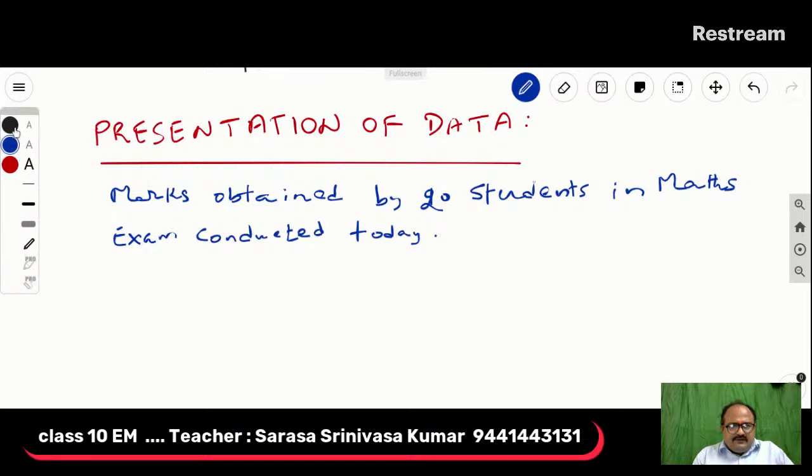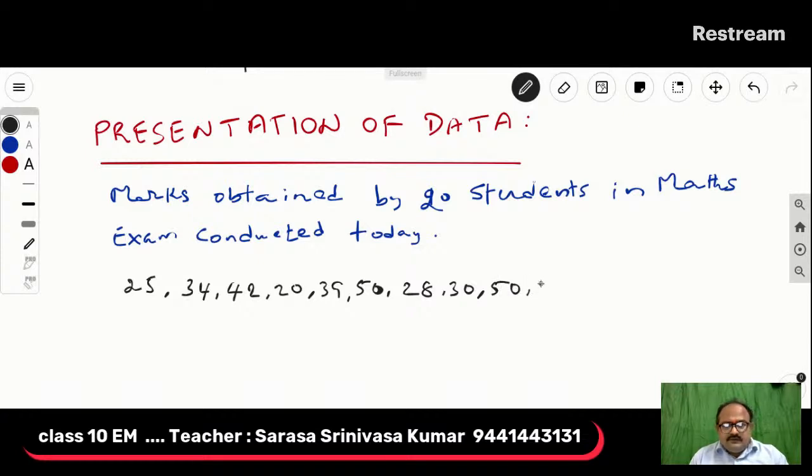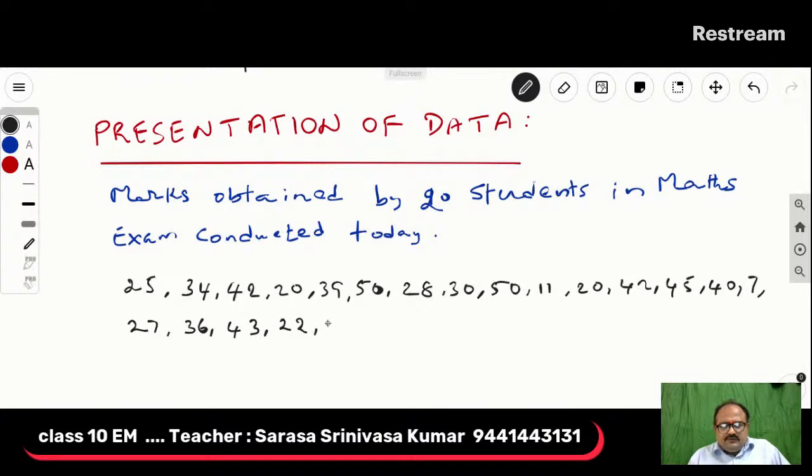The marks obtained by the 20 students are given as follows: 25, 34, 42, 20, 39, 50, 28, 30, 50, 11, 20, 42, 45, 47, 27, 36, 43, 22, 34.